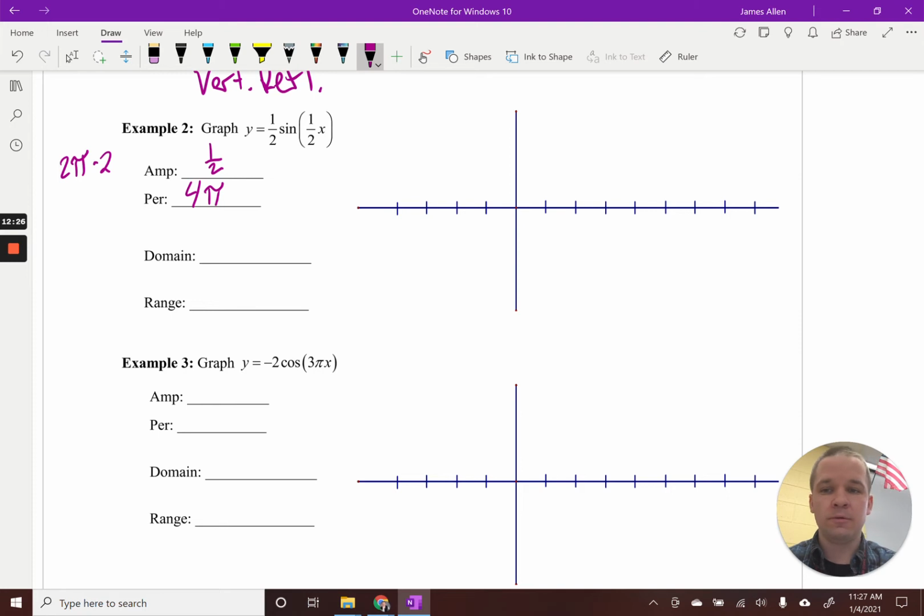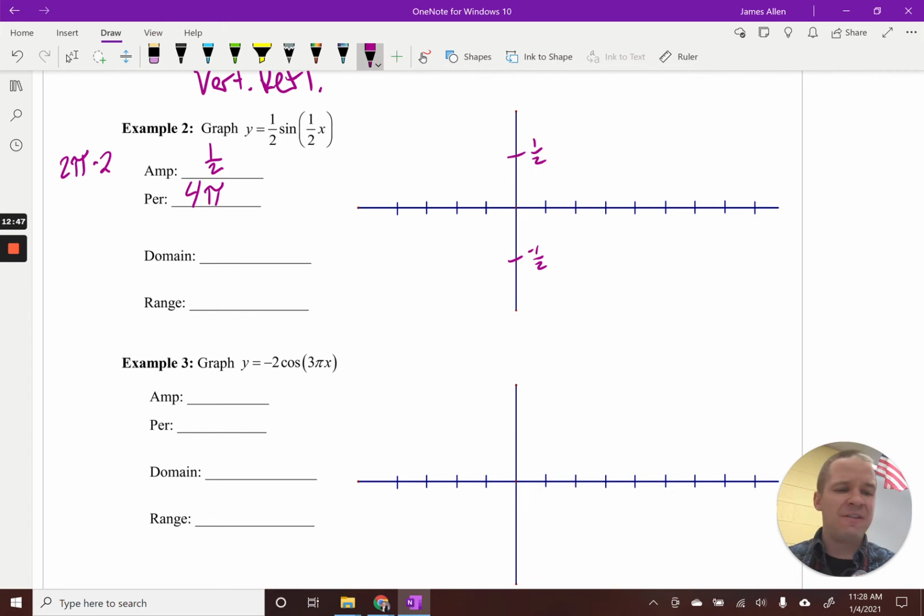Cool. I'm going to deal with my domain and range afterwards once I see that graph. I think it's nice to be able to see the graph. So let's go for it. I'm going to put a 1/2 up here and a negative 1/2 down here. So that'll be what I'm oscillating, I like to say, going back and forth between.